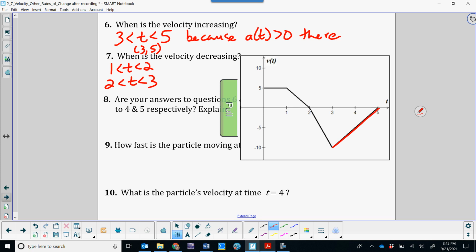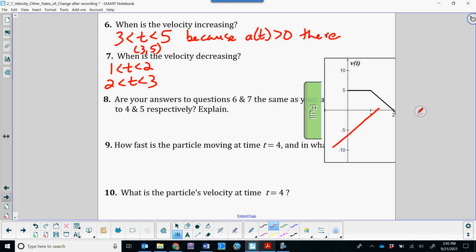You could just simply say from 1 to 3, and that's because the acceleration at those places would be less than 0. Now technically at 2, the acceleration could have an issue because we don't really have a derivative there, but the College Board does not require us to include endpoints. So you can say 1 to 2 and 2 to 3, that'll be fine.